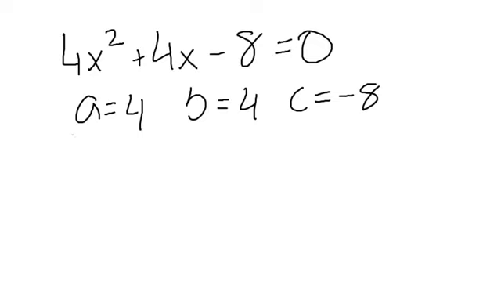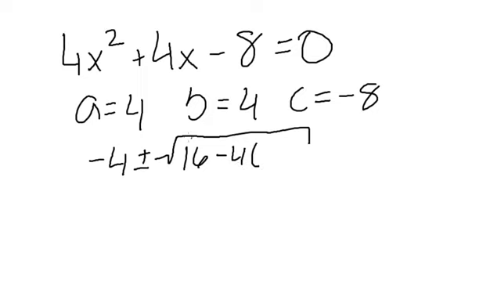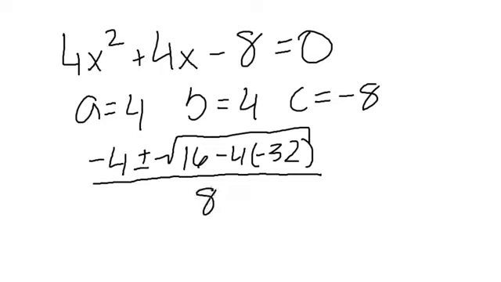Now let's plug it into the quadratic formula. Negative B, so negative 4, plus or minus the square root of B squared, minus 4 times A times C. So 4 times negative 8 is negative 32, and all of this over 2a, which is just 8.